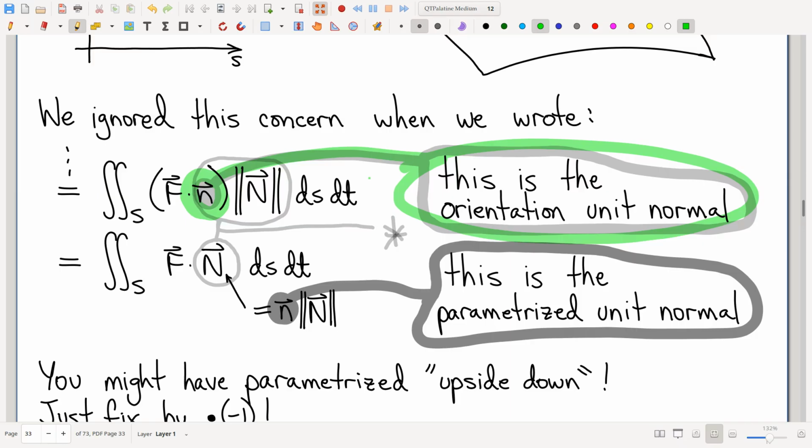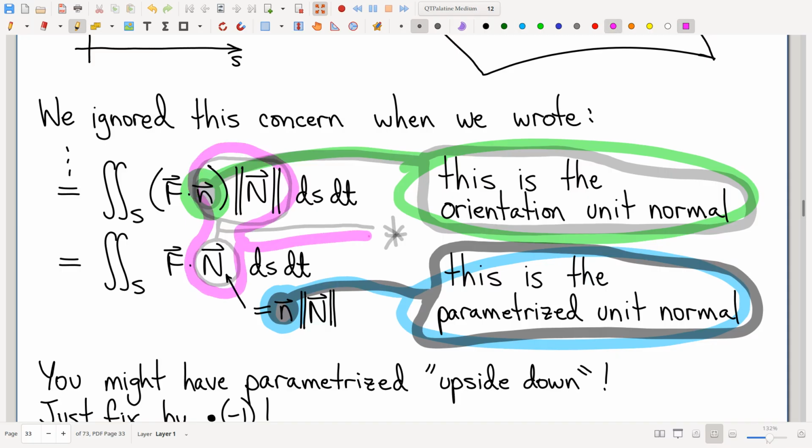And then we wrote down a parameterization and lots of calculations, and implicitly, kind of in subtext, just assumed that all away and said, well, here's our parameterized unit normal. That's hidden inside of the capital N. And so when I claim that these are obviously equal because it looks like a duck and quacks like a duck, I was ignoring the fact that there are, in fact, two different directions through the surface.